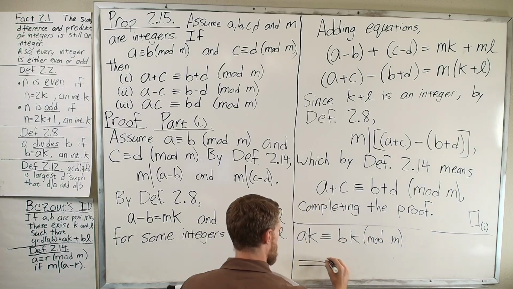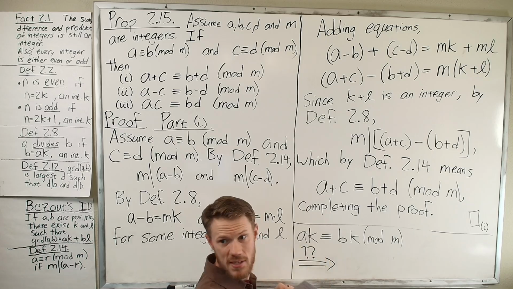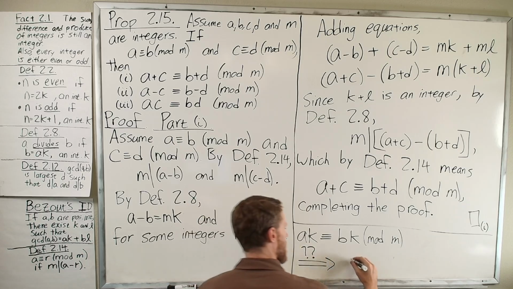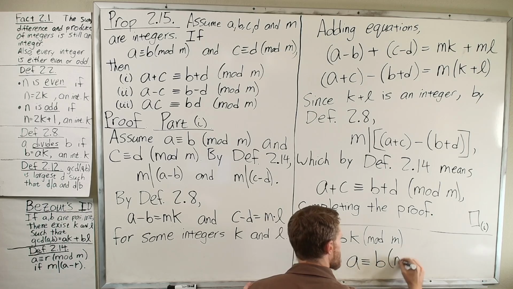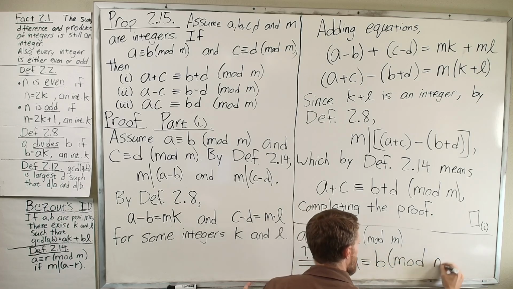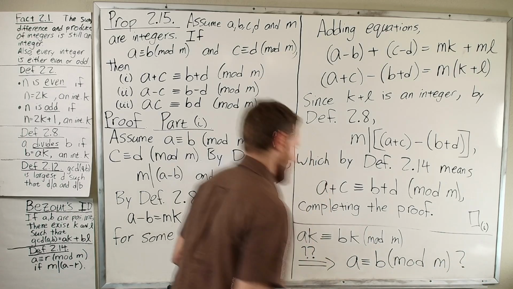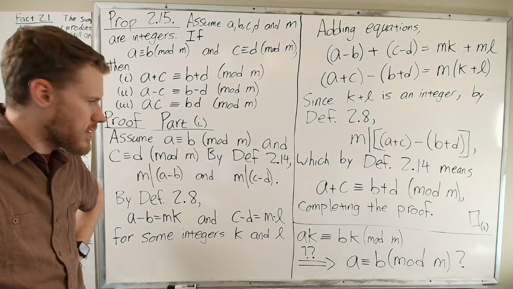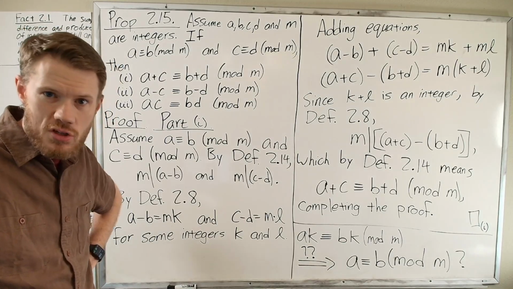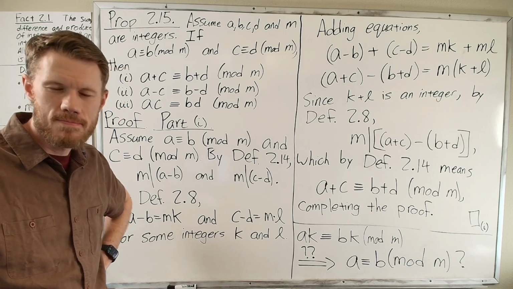Does this imply, since the k's are on both sides, you could cancel it, leaving integers, that a is congruent to b mod m? If there is a term that you can cancel from both sides, are you guaranteed that a must be congruent to b?